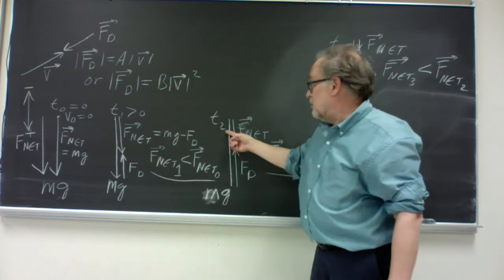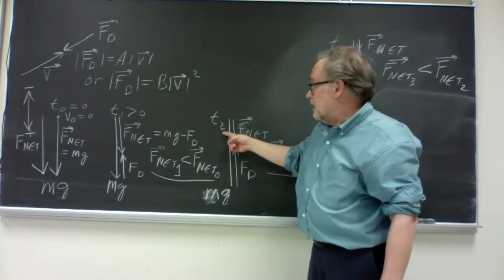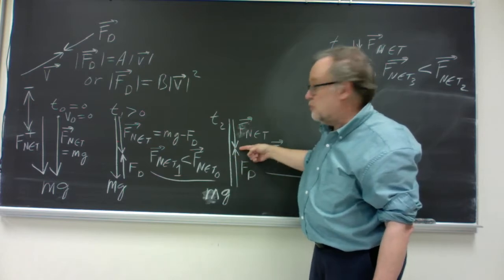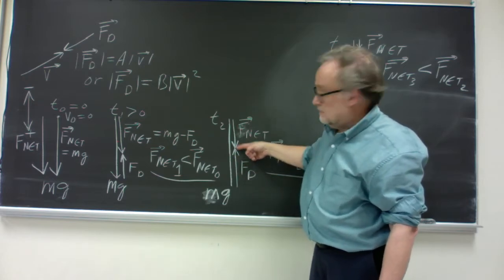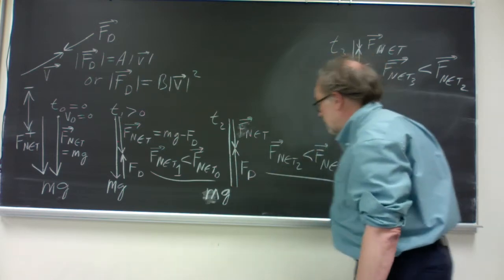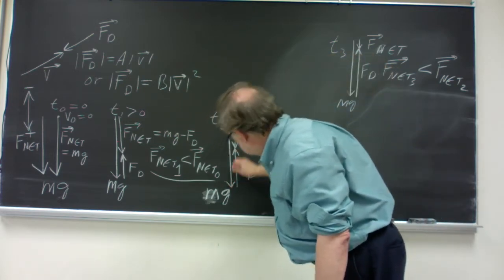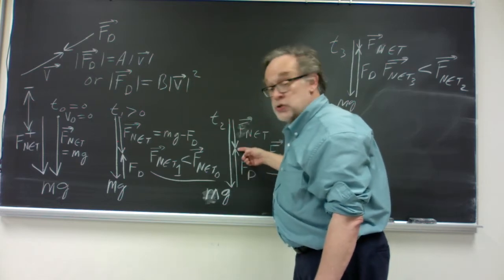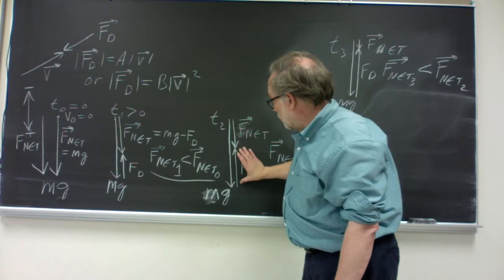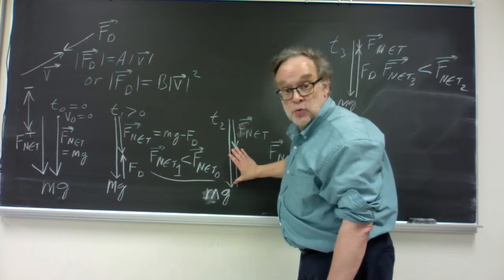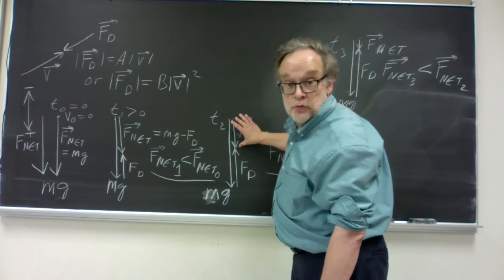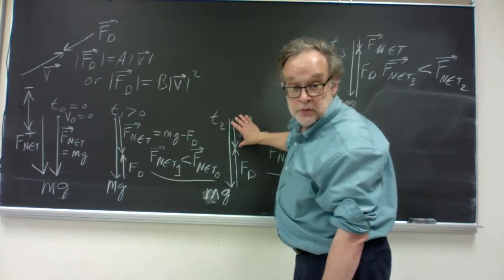A little bit later, at time 2, a little later than time 1, the speed has increased, so the drag force has increased. The weight pulling down hasn't changed at all. But now there's a stronger drag force in the opposite direction, so more of the downward weight gets canceled out, and there's less downward force left over for the net force.